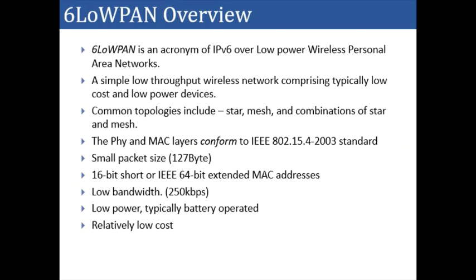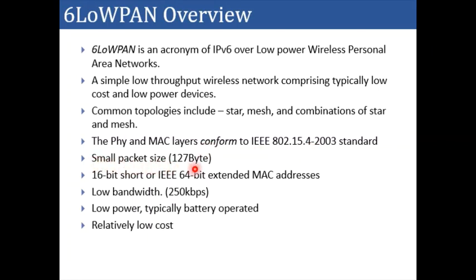The common topologies which are utilized in the 6-LoWPAN are star, mesh and combination of star and mesh topologies. Here again the physical and MAC layers conform to IEEE 802.15.4 standard.